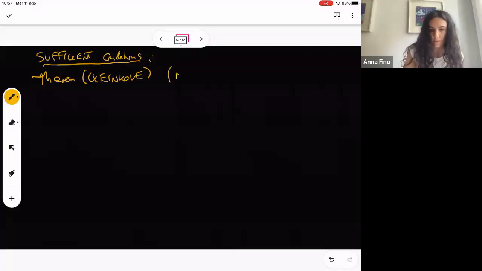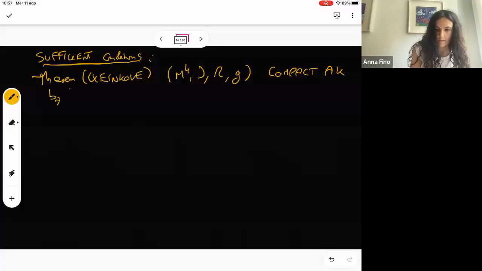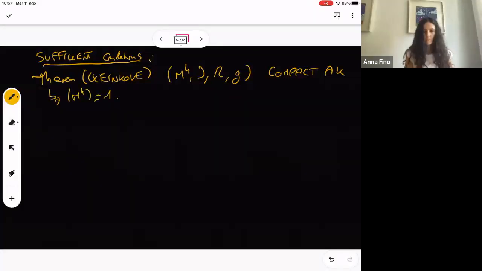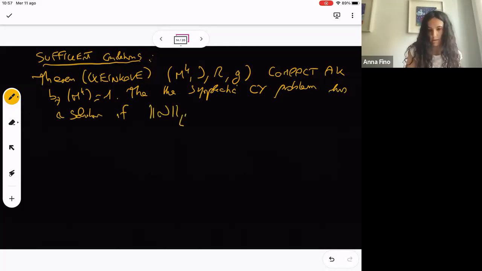It's saying like that. So if you have a compact almost Kähler manifold with b plus equal to 1, then the symplectic Calabi-Yau problem has a solution if the norm of the Nijenhuis tensor with respect to L1 associated to the metric g is less than epsilon, okay?